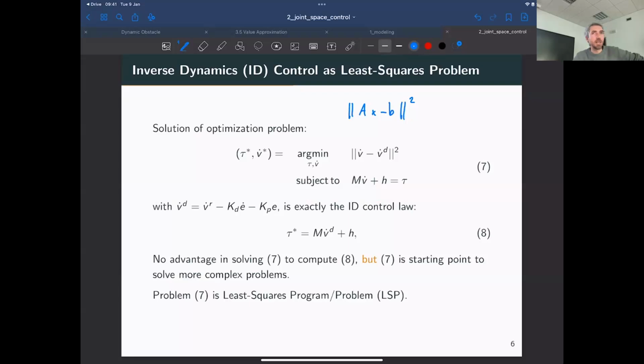That's just a special case of that form. Why is it important to know that it's a least squares program? Well, because least squares programs can be solved super fast. So we know that if we're able to formulate our problem under this form, then we are not afraid of solving it inside a control loop, because it's fast.